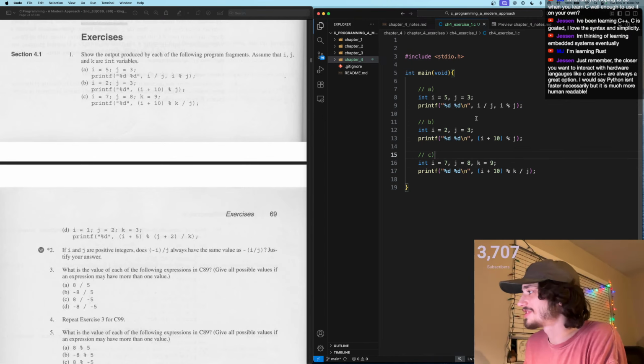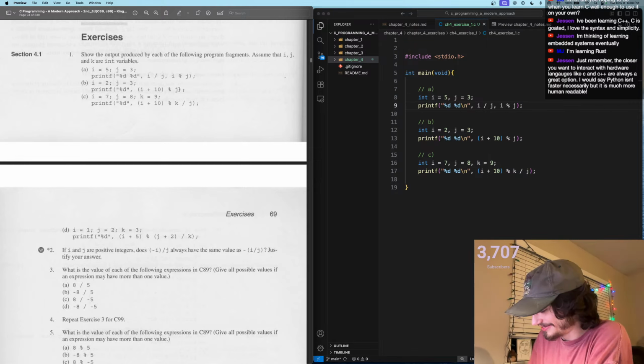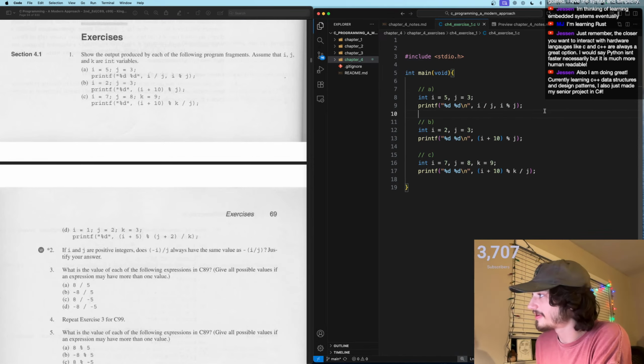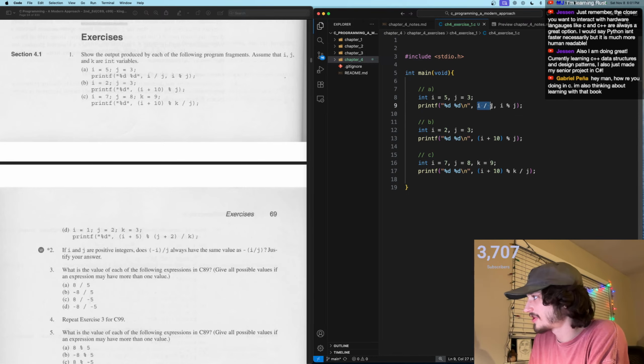Okay, so let's do some predictions. Let me get my calculator out. It's Saturday, we're not trying to do math in our head. So in this first one, i divided by j, or floor division, would be 5 divided by 3. This gives us 1.66, which would truncate down to 1 for this first value.